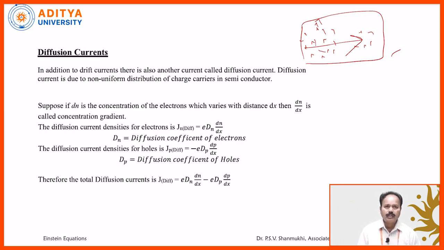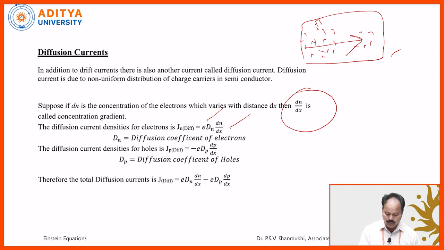Generally, the diffusion current density is proportional to the concentration gradient. Along the x direction you take dn by dx, along the y direction dn by dy. Let us take a one-dimensional system. It is proportional to dn by dx, or equal to some proportionality constant, that is e Dn into dn by dx, where e is the charge of the electron and Dn is called the diffusion coefficient of electrons.